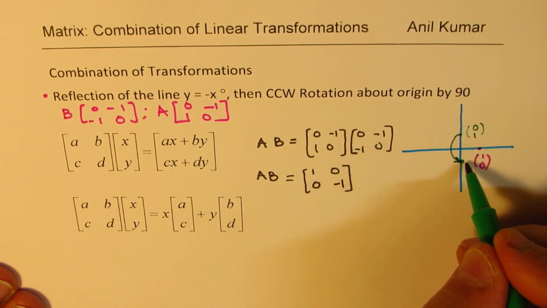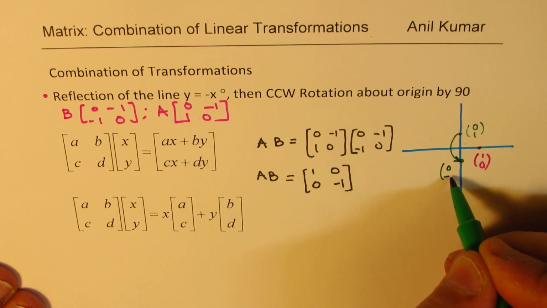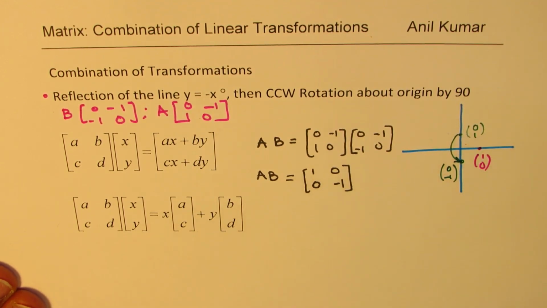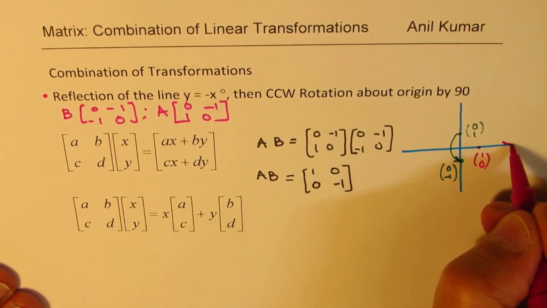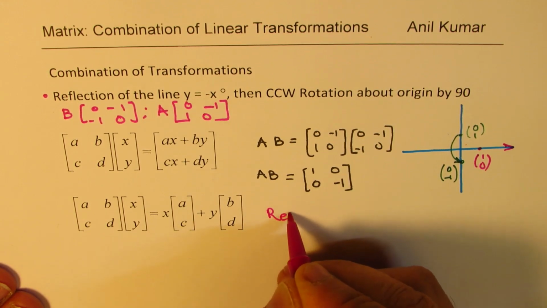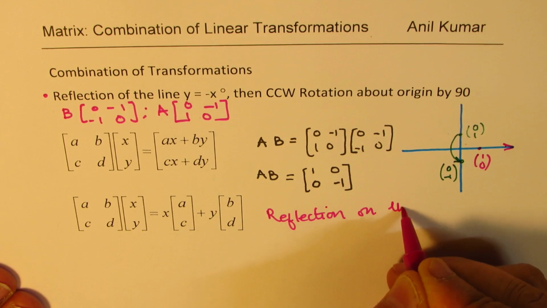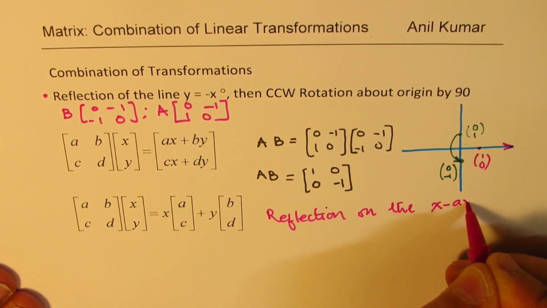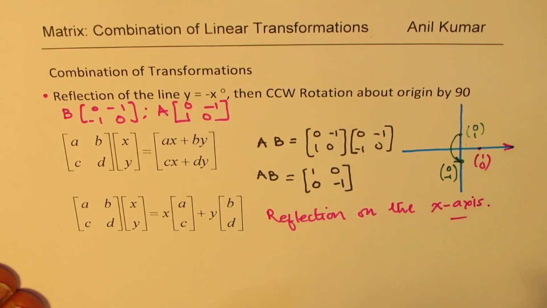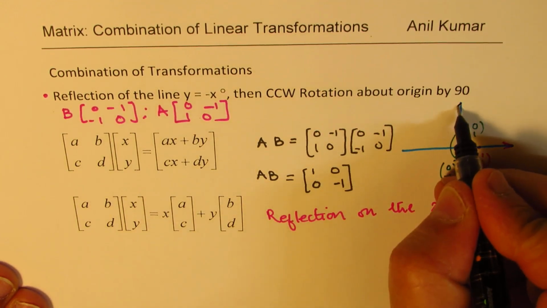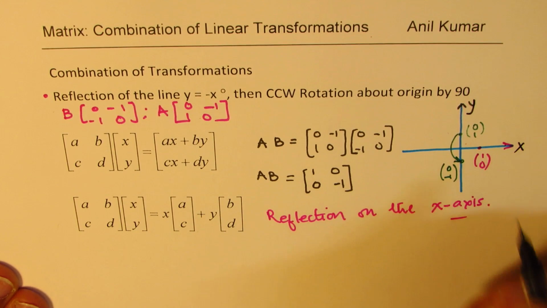Do you see that? Which now becomes 0, -1. So that is a reflection on the x-axis, right? So this is reflection on the x-axis. So earlier it was a reflection on the y-axis. This time it is a reflection on the x-axis.